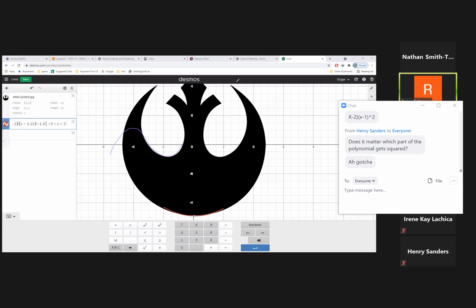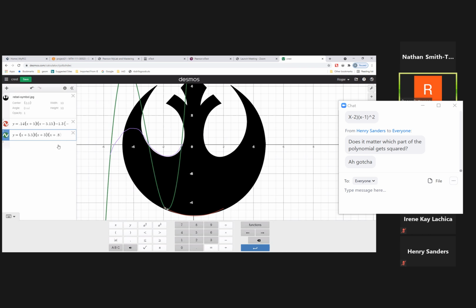So I got to start someplace. So I'll come up here, I would go y equals parentheses x plus 5.5 parentheses x plus 3 parentheses x plus maybe a 0.8. How about that?